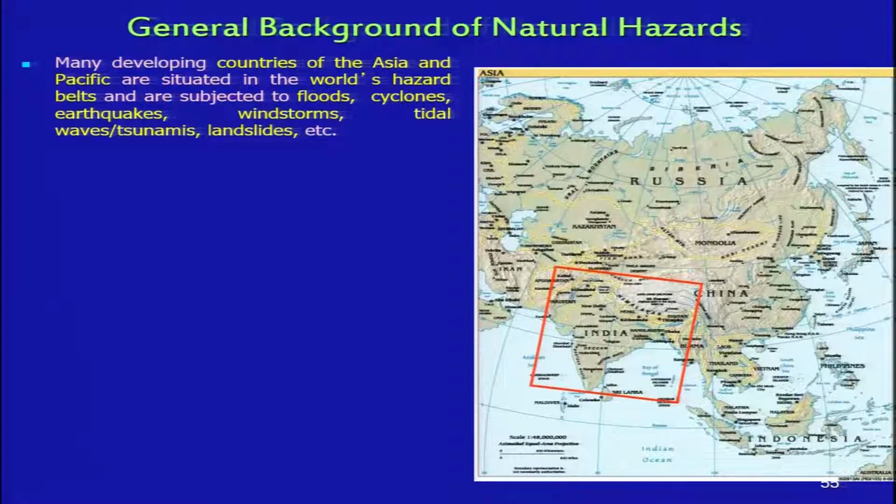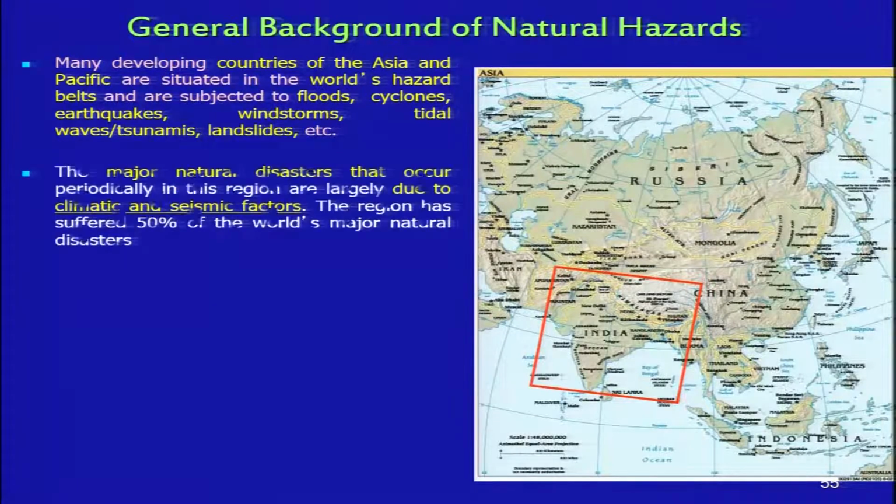So many countries in Asia and Pacific are subjected to most of the hazards, or they experience these hazards. The major natural hazards that occur periodically in this region are largely due to climate or seismic factors. The region has suffered almost 50% of the world's major natural disasters.